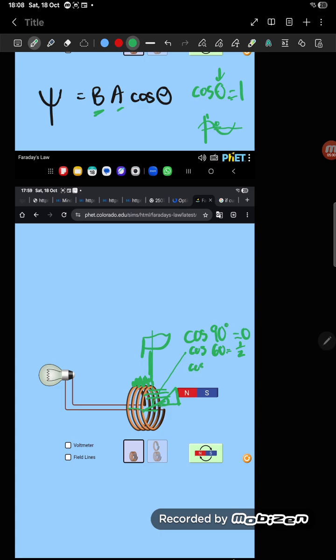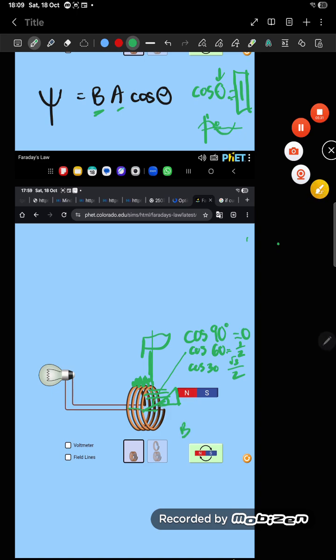And then cos 30 is root 3 over 2. I'm just using my calculator, I think it's 0.6 something. So you can see that the smaller the angle, the greater the number after I've cosed it.